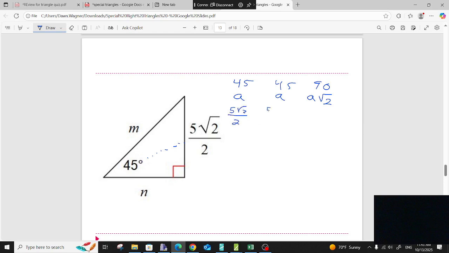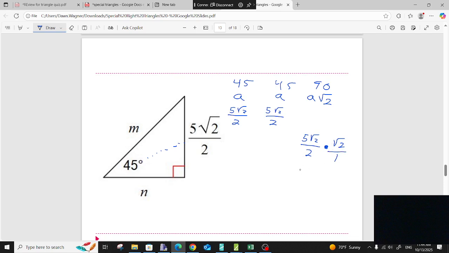But now I have to substitute this in. So it'd be 5 square root 2 over 2. That is A. But I have to multiply this by square root 2. And it's square root 2 over 1, not square root 2 over square root 2. This is just square root 2 over 1.